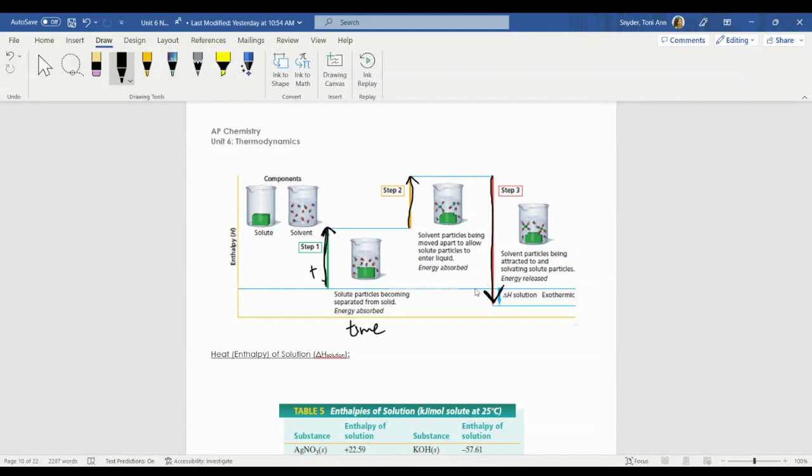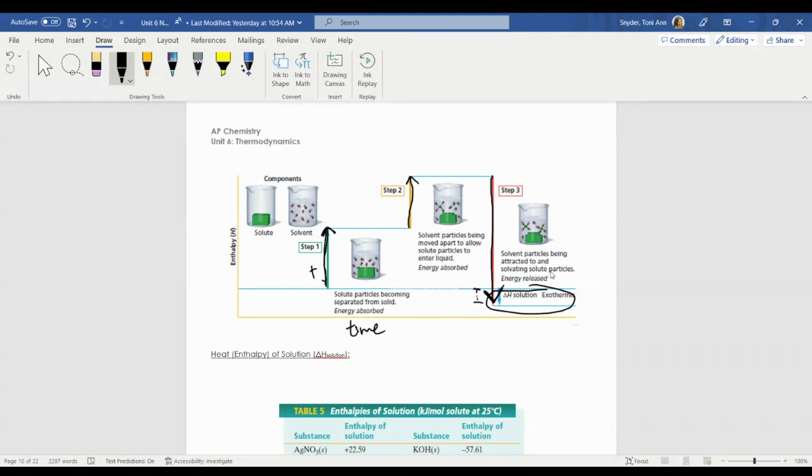So right here, I have a difference between the energy that's absorbed versus the energy that's released. Because this particular dissociation released more energy than it absorbed, the heat of solution will be negative. This is an exothermic process.